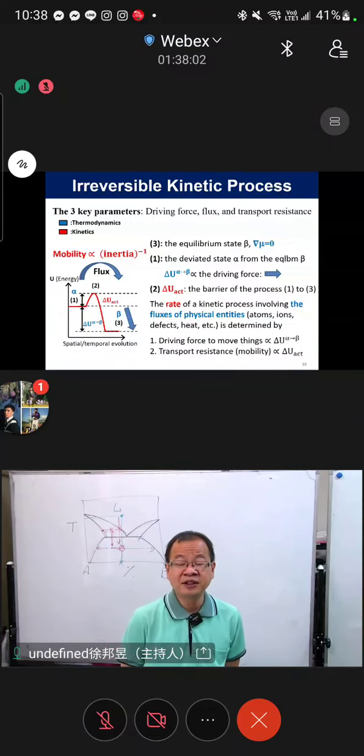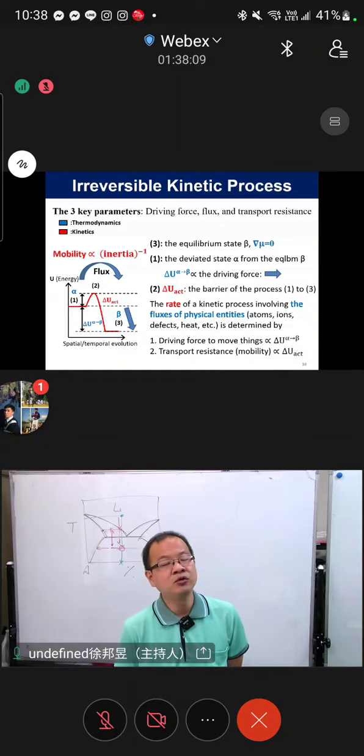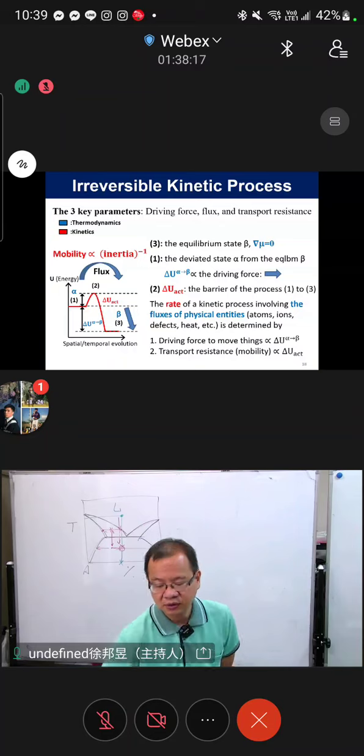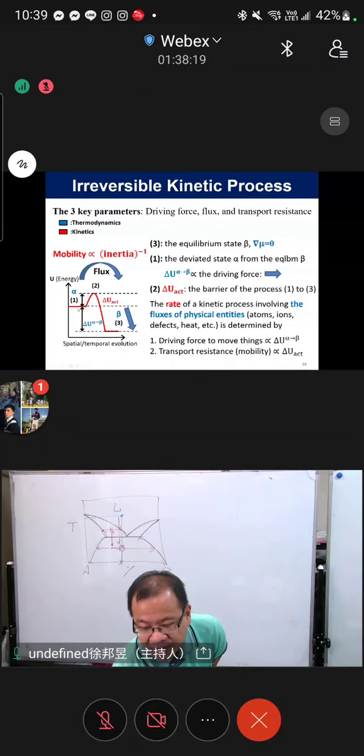So the thermodynamic state must be defined by equilibrium, right? That means nothing moves. I told you, nothing moves means nothing changes. So the energy change must be zero. Then you look at the alpha and the beta. The energy, the red line here, is flat, right? It's a straight line with a particular value.